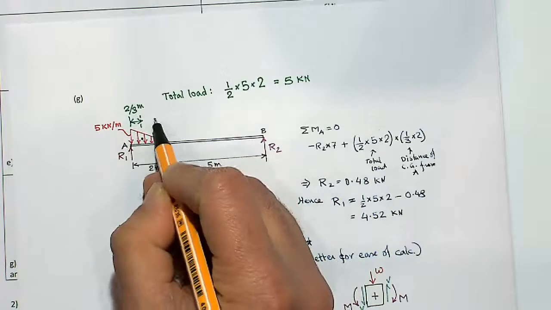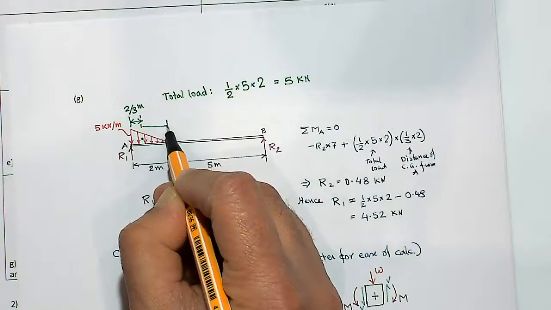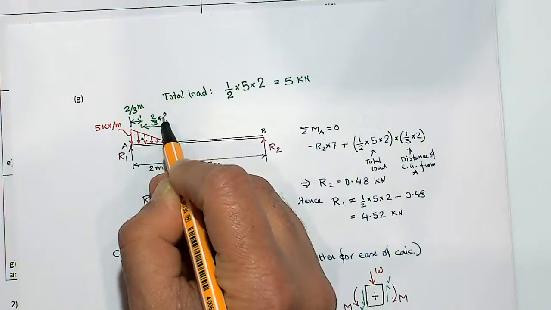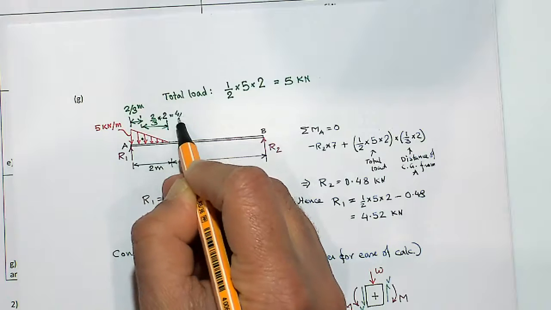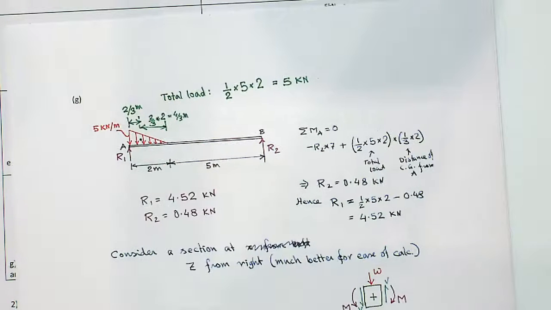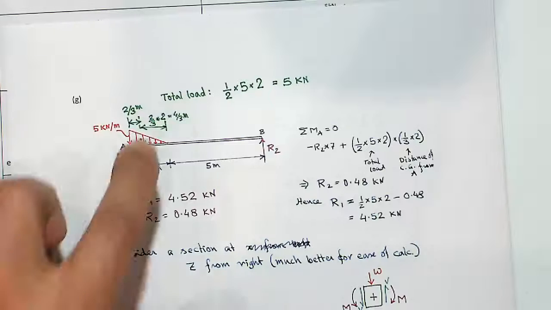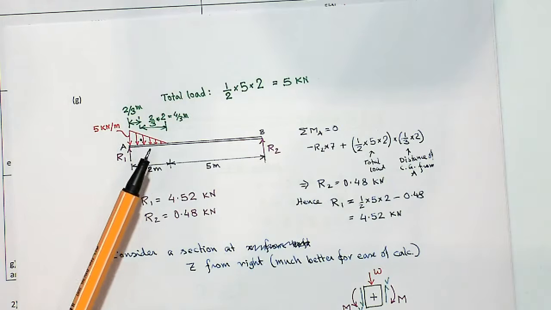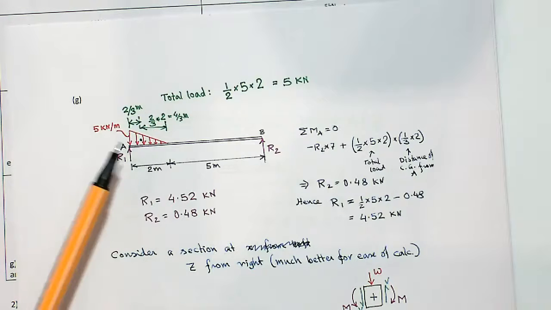And conversely, this side would be 2/3 of 2 meter, so this would be 4/3 meter. So these are the two things you first need to know for any load: how much is the total load and where does the load act. Otherwise you can do an integration, but this is the easier way to do that.